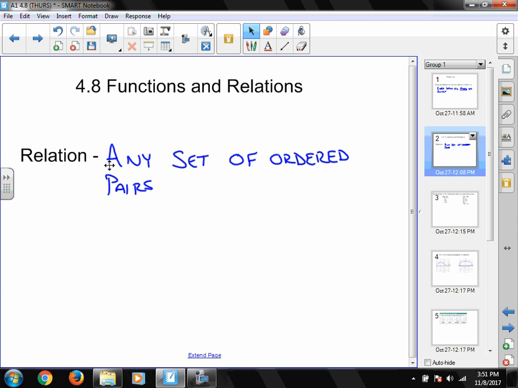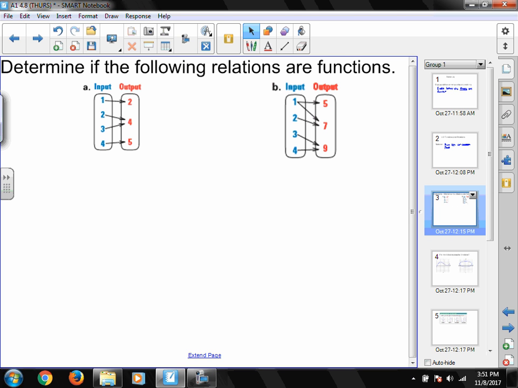Usually it's going to be a graph or an input-output table, and it could also just be a list of ordered pairs. But we're not going to worry about those a whole lot today. First thing we're going to do is determine whether the following relations are functions.